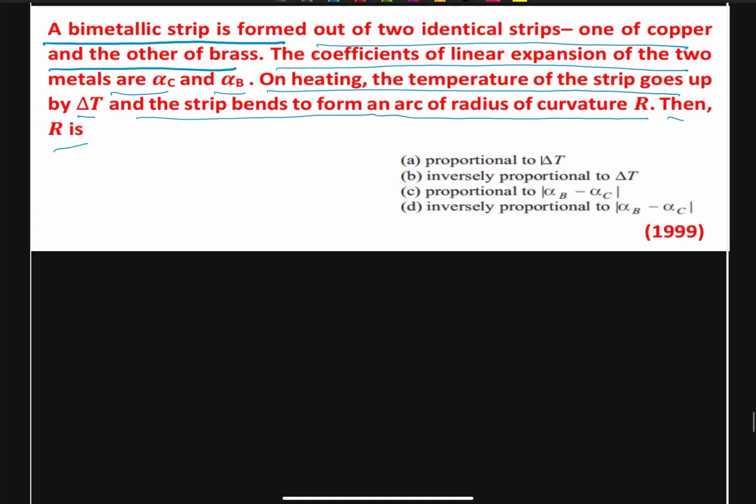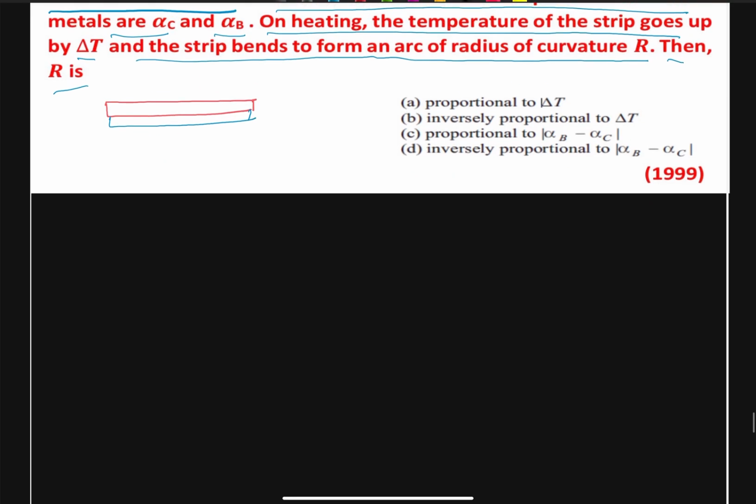So in this case we have two strips and they are joined together. So let us suppose this is our first strip and this is our second strip, and when they are heated they are going to form an arc.